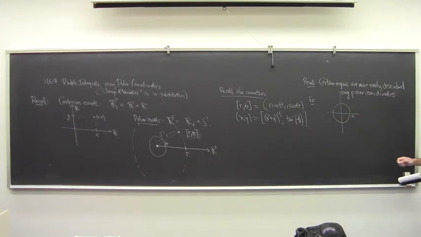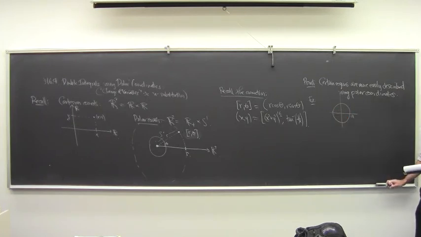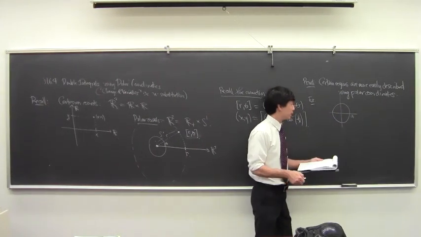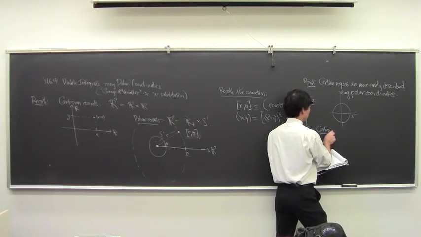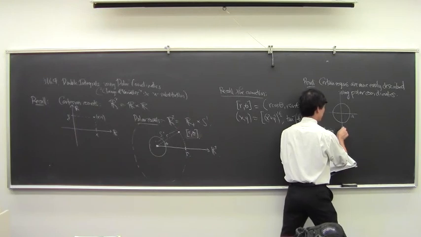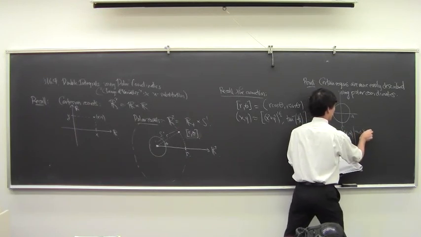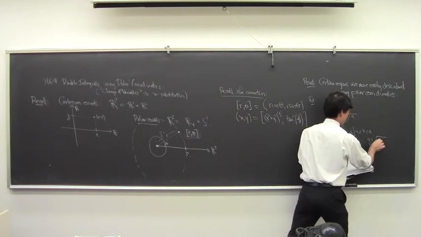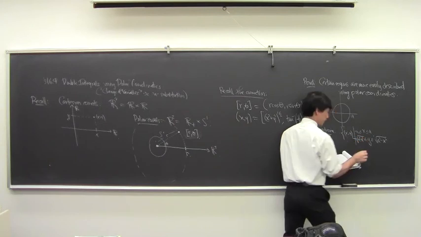How do I describe that using Cartesian coordinates? One way would be to describe it as an x-simple region. So in Cartesian coordinates, you would say this is (x, y) where x goes between negative a and a, and y goes from the square root of a squared minus x squared above down to negative the square root of a squared minus x squared below.